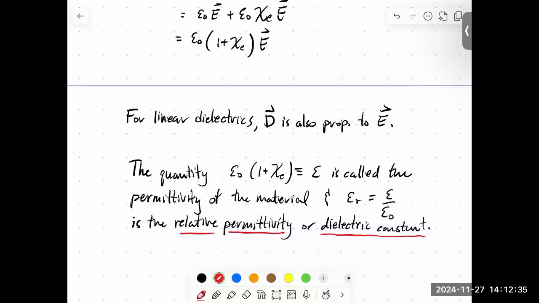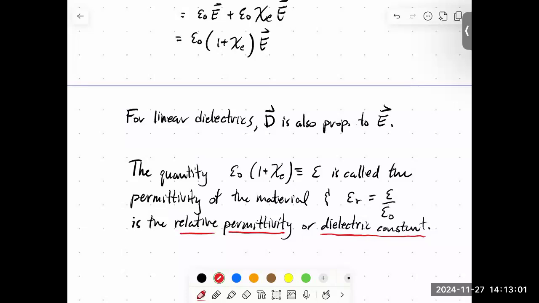When you microwave your food, you're exposing the polar water molecules or ice molecules in your frozen food to an electric field oscillating at 2.45 gigahertz, so 2.45 billion times a second. The polar molecules can't keep up with that. There's some dissipation, and it's that dissipation that heats your food.